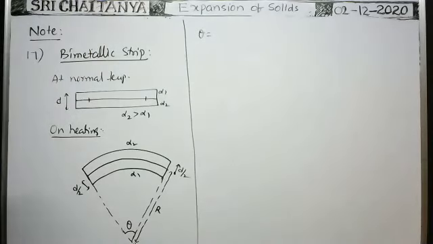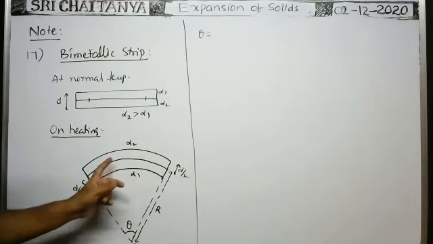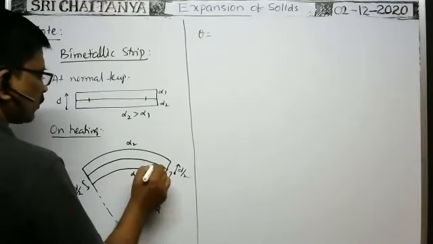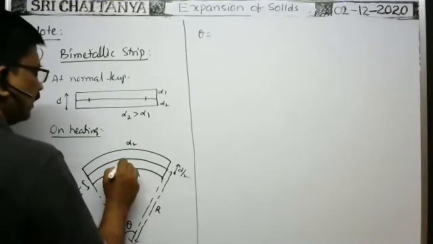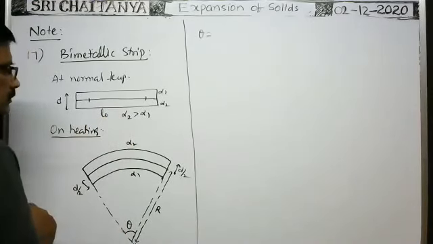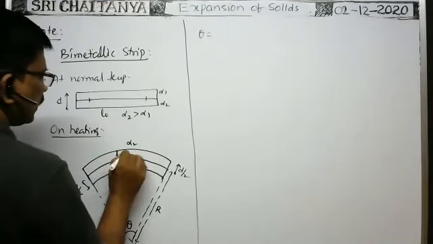Theta is equal to arc, meaning this length. Suppose the final length of this rod becomes L1. Initially both have the same length L0. Now the final length of this becomes L1, and this length becomes L2.